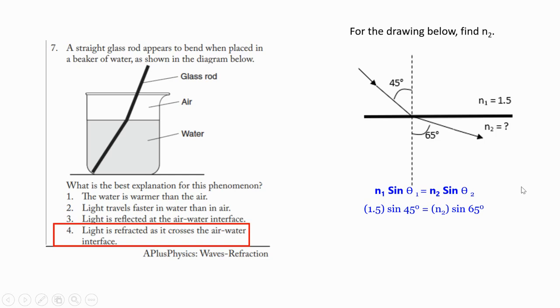So you need to use a calculator: 1.5 times sine of 45 is 1.06, and sine of 65 is 0.906. So you divide both values, and your index of refraction for the second medium is 1.17.